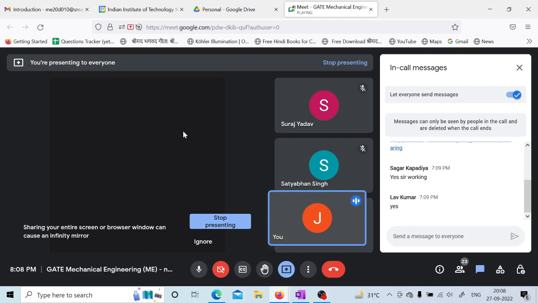All of you are getting the same answer? Please type in your answer in the chat box, then we will see what the correct answer is. Okay, two of them are getting that answer. Anyone else?